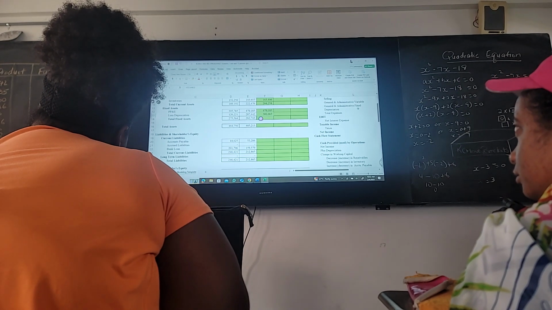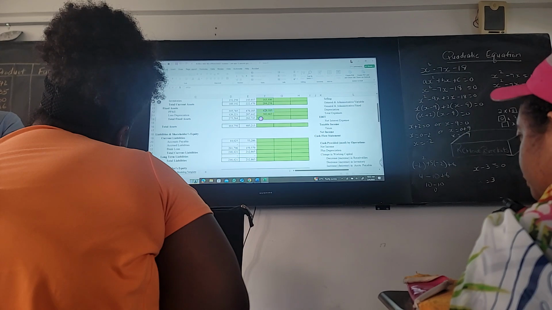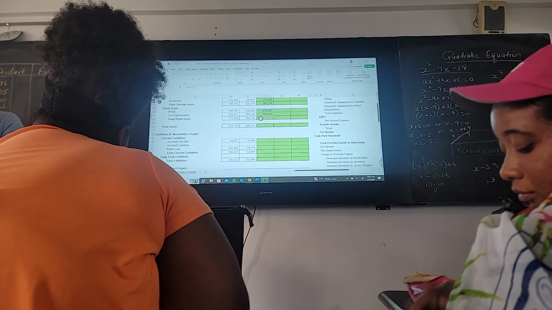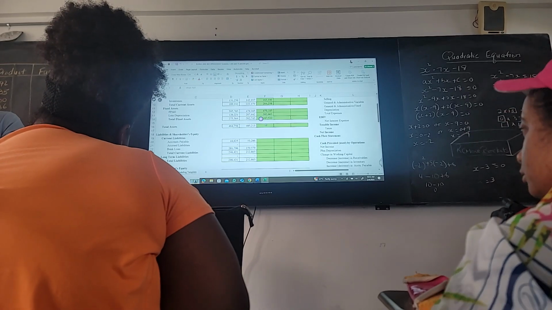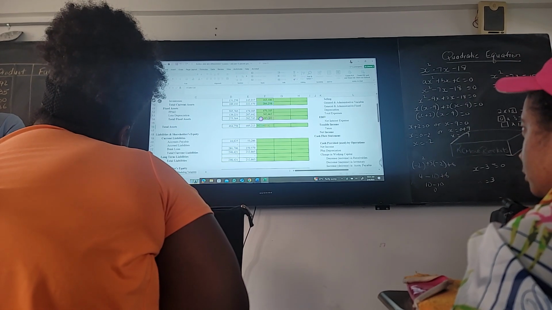Everybody with that? That's basic accounting. So what's my total fixed assets? Property minus the depreciation. And my total assets would be my current plus my fixed.